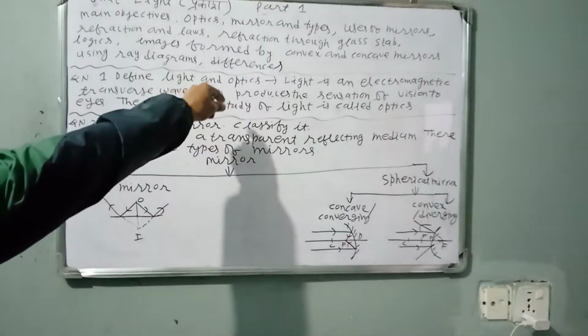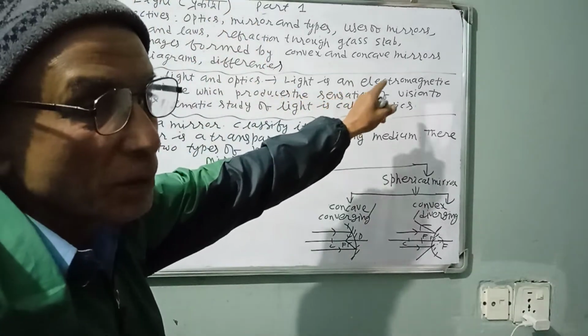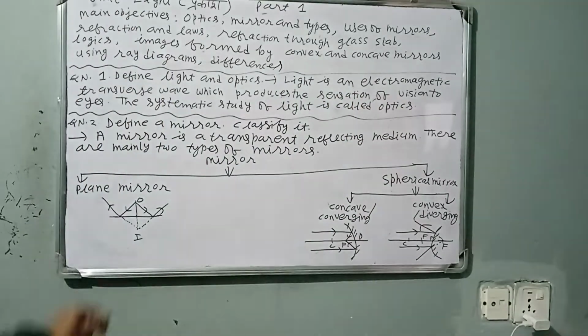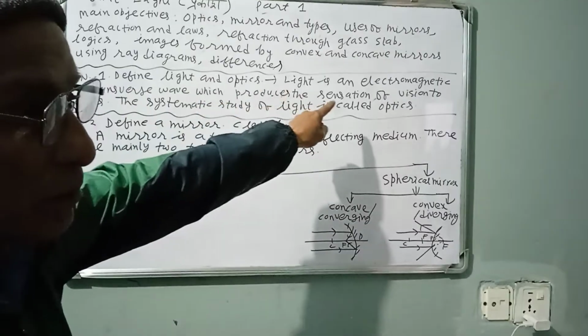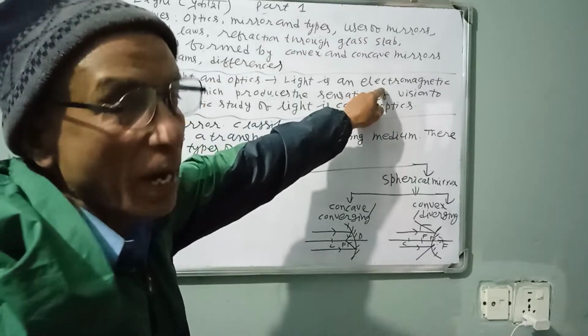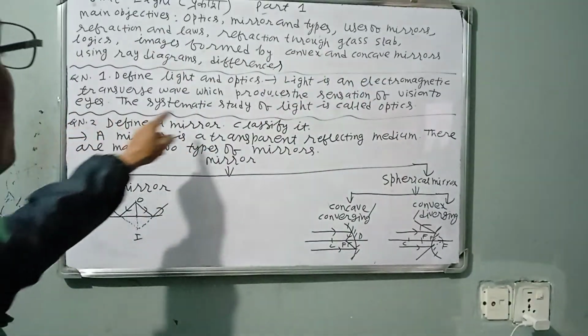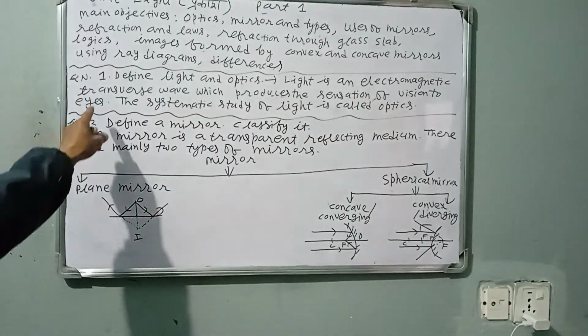Through vacuum, it travels at a speed of 3 lakh km per second. In glass, about 2 lakh km per second. Transverse wave, not longitudinal, electromagnetic transverse wave, which produces the sensation of vision or sight to eyes.